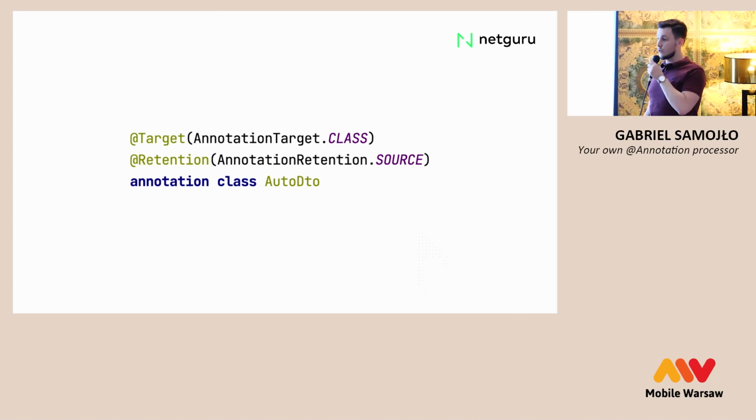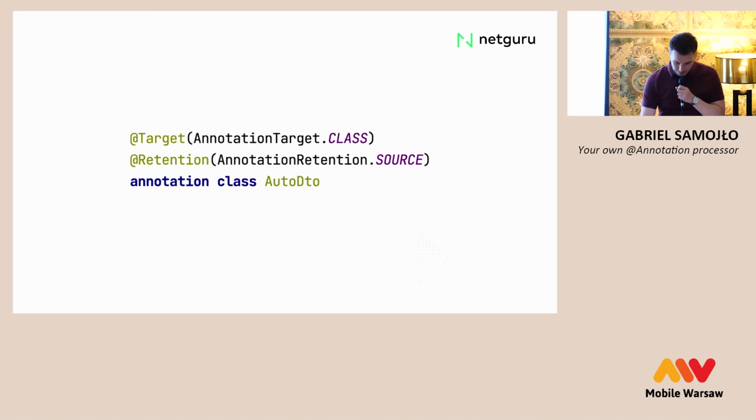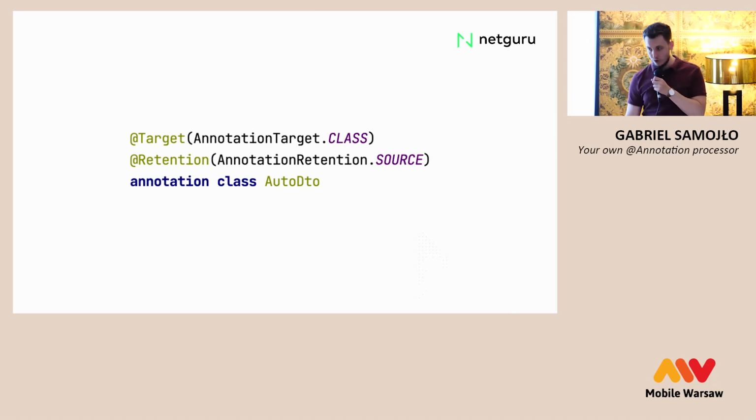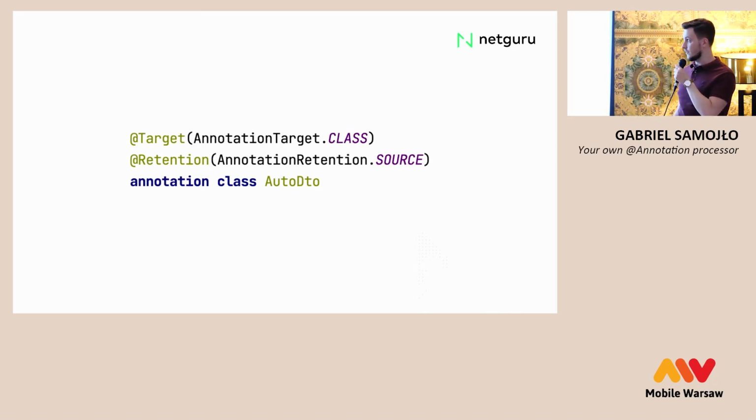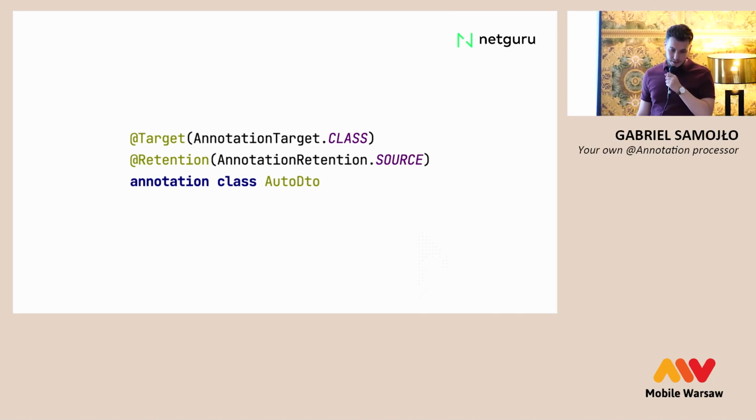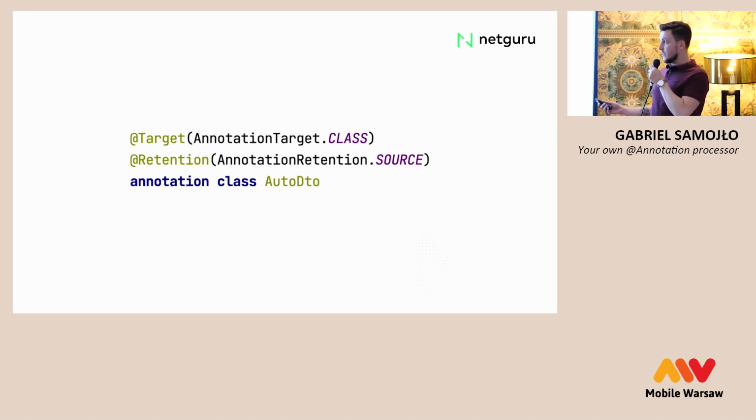And the second one is retention, and retention is more complicated. It's responsible for how our annotation will be stored in the final files. We can have the source one, which means the annotation is only in the source file. It won't be compiled into the binary one. So if we reverse engineer our application, it won't be there.